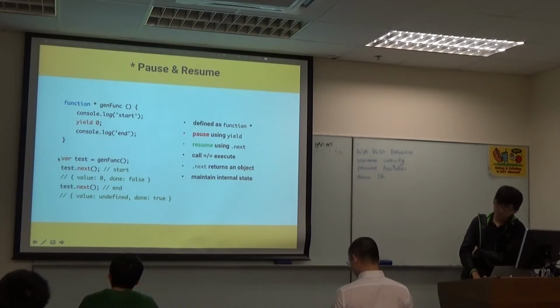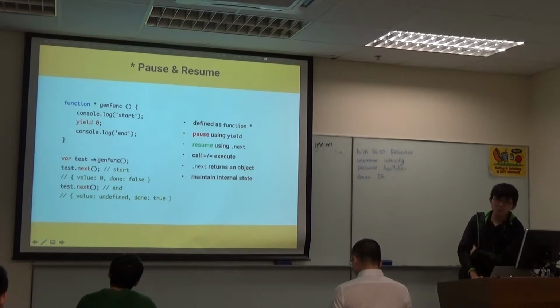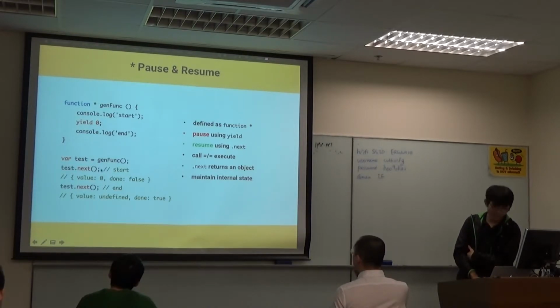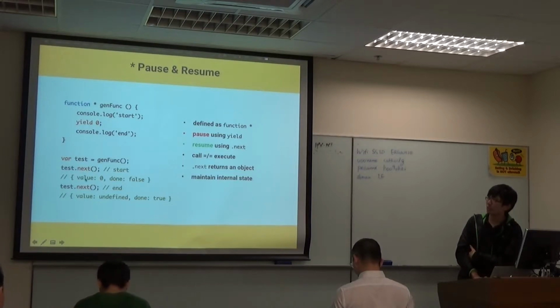On this line you create a generator function, but this generator function is not executable until we call .next, and then it starts the generator function and prints out console start. .next will return an object including two properties, value and done. Why is the value 0? Because yield 0. This is the value here.